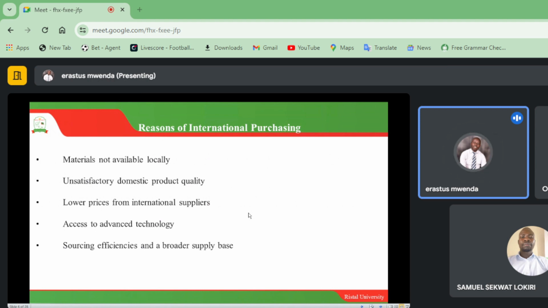Number four is access to advanced technology. So we could be having goods coming into your country, developed as a result of advancement in technology, and you will find that as a country, or where you are or where I am, we have not reached that point.